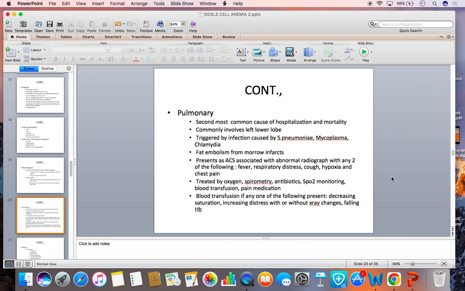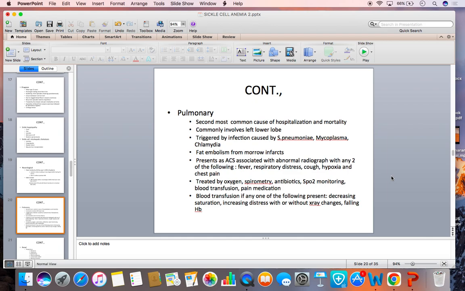Pulmonary manifestations. Second most common cause of hospitalization and associated mortality. Commonly involves the left lower lobe, triggered by infections caused by salmonella, streptococcal pneumonia, mycoplasma, and chlamydia. Fat embolism from the bone marrow infarcts.